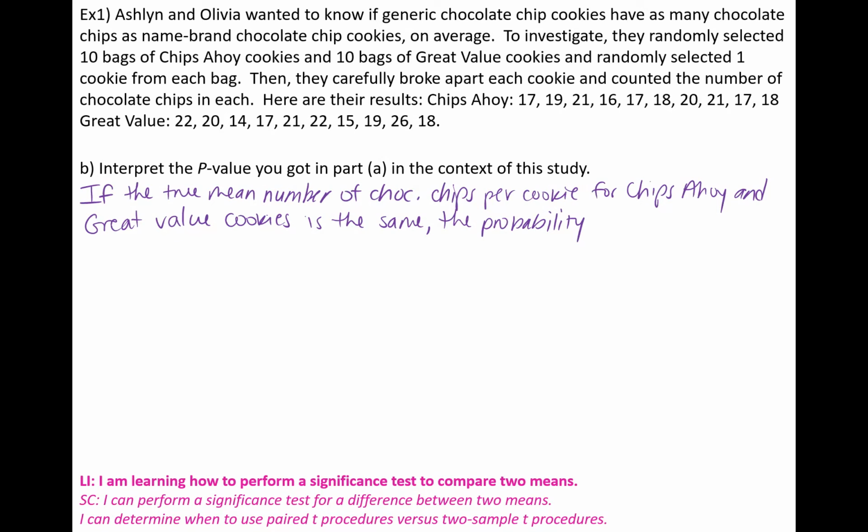So our probability is that we would come up with this same result again. I'm going to say that in terms of the difference in means, because we could get a different set of numbers, but we're looking at the overall difference in the two means.